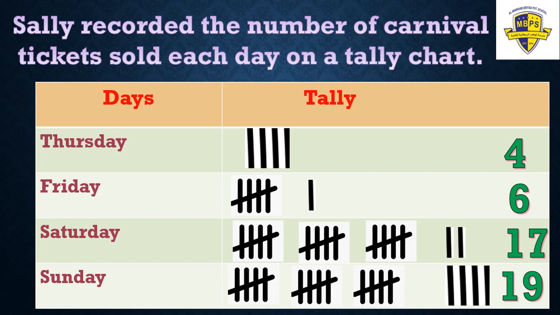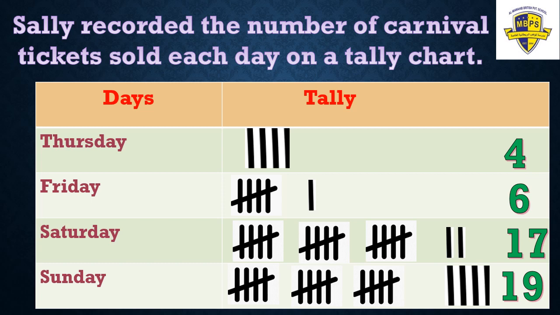Now, let's start counting the first group, okay? 1, 2, 3, 4. The fifth line goes across. Next group, 1, 2, 3, 4. The fifth line goes across. So we have two groups of 5. 5, 10. Again, there is one more group if you see. We have 1, 2, 3, 4. And the fifth line goes across.